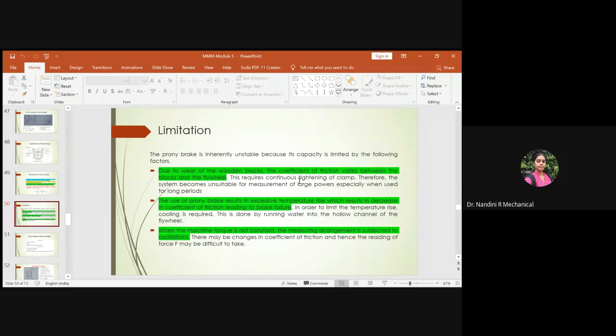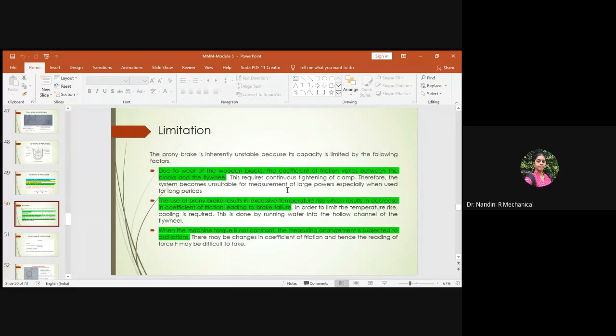If it is not clamped properly, then you won't get a constant coefficient of friction and it starts fluctuating. Therefore, the system becomes unsuitable for measurement of large amounts of power, especially when used for a longer period of time. If it is used for a small period of time, so much wear will not come into the picture.